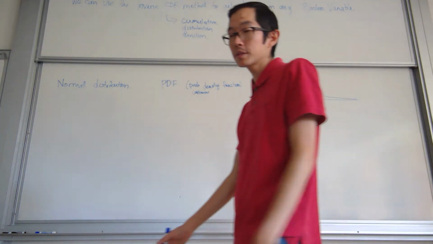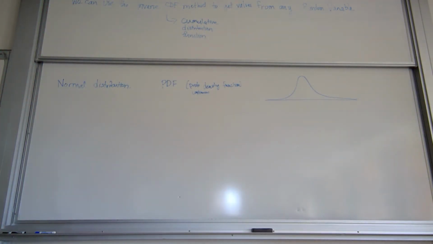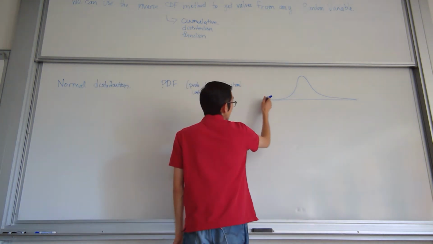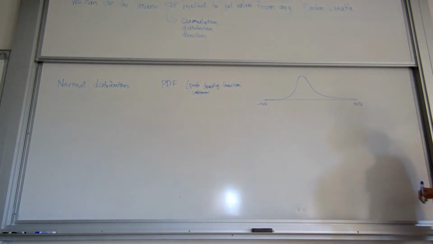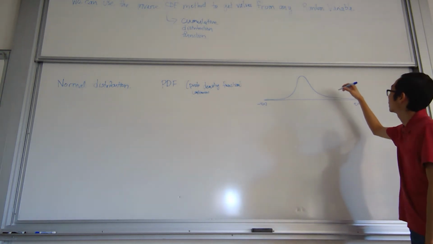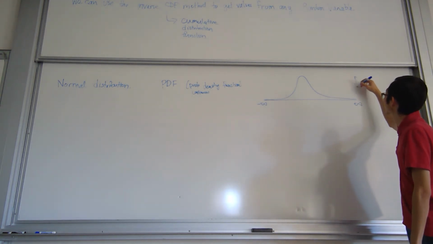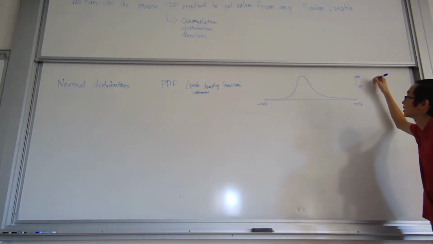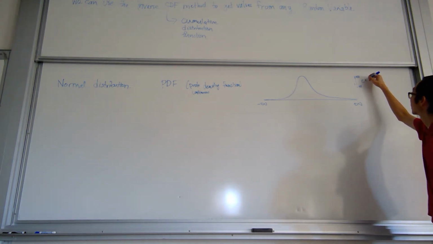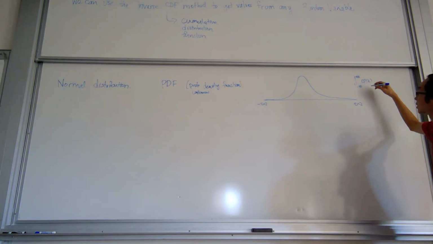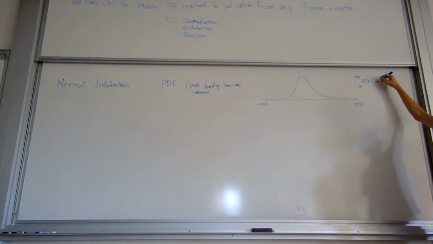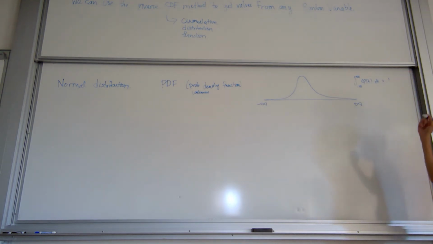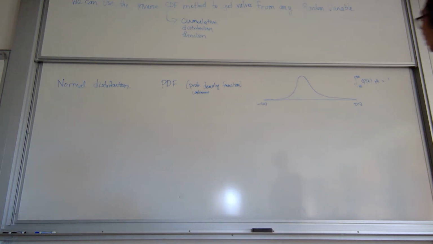The PDF goes from negative infinity to positive infinity, and the integral from minus infinity to infinity of the normal density is equal to 1, right?